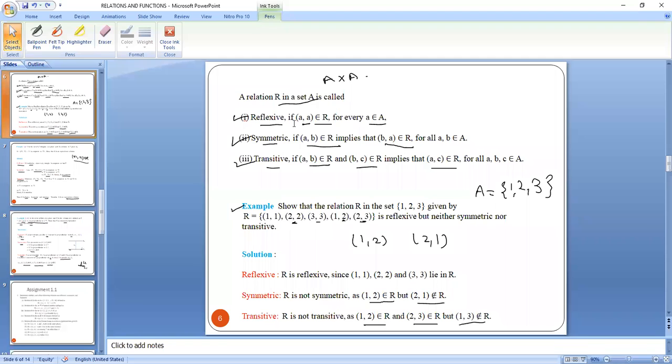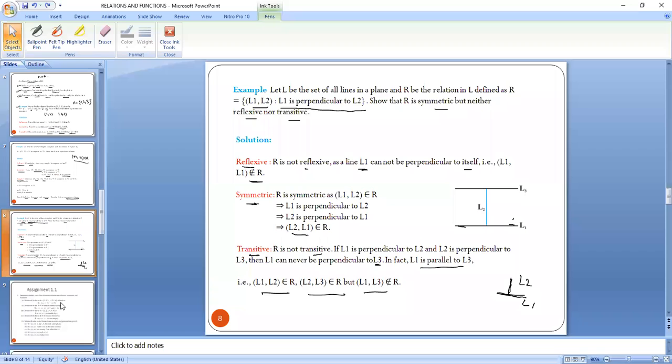The relation is reflexive if a comma a belongs to R for every a belonging to A. The relation is symmetric if a comma b belongs to R implies b comma a belongs to R. And transitive: if a comma b and b comma c belong to R, then a comma c belongs to relation R. Only then do we say that the relation is transitive.